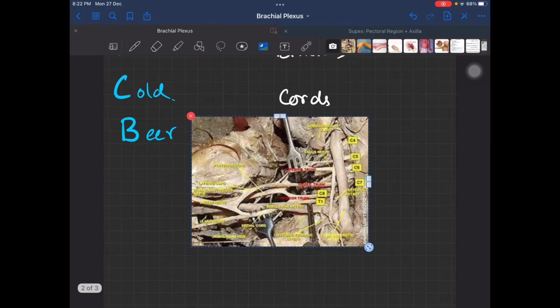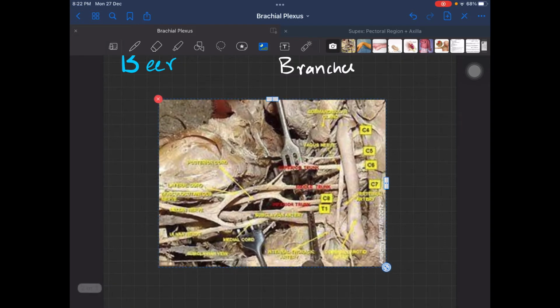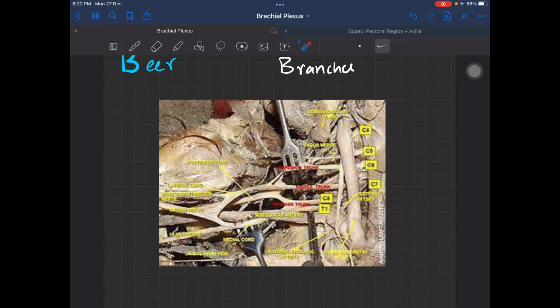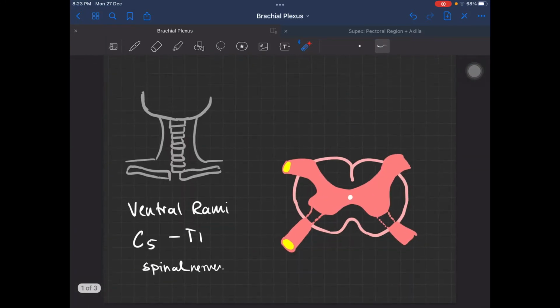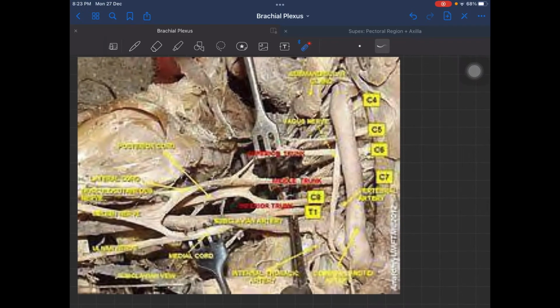Let's look at a picture here. This is a real cadaveric image. Over here we can see the spinal cord. The spinal cord is divided into imaginary segments, C4, C5, C6. We can see this in the picture. From these segments, from the ventral rami, certain nerves exit, the C5 roots.